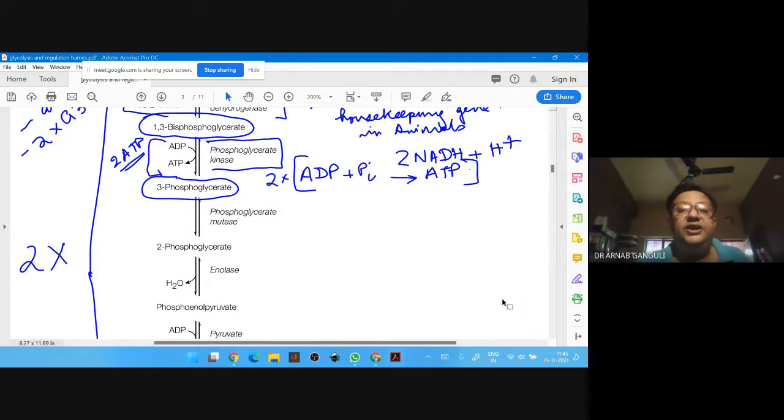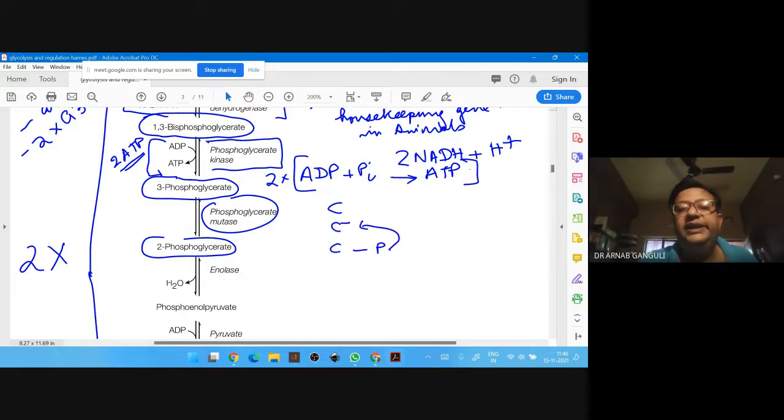Then phosphoglycerate mutase converts it into another isomer, 2-phosphoglycerate. So you have 3 carbon, and the phosphate that was over here is transferred to the second carbon. It becomes 2-phosphoglycerate. The enzyme enolase then removes a molecule of water and you have phosphoenolpyruvate.